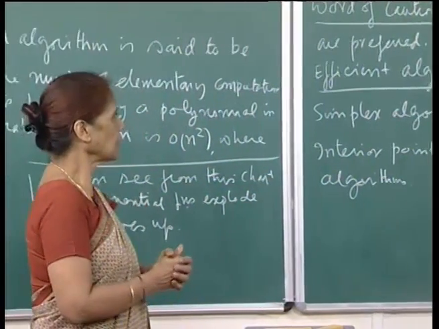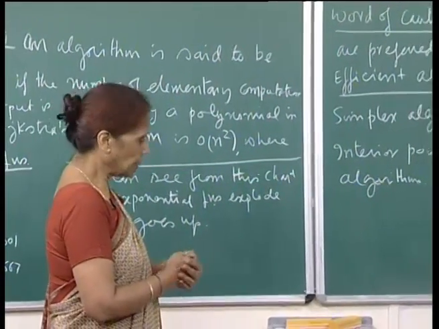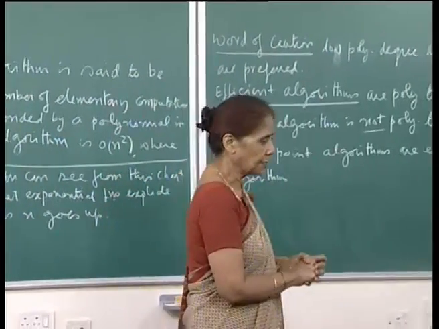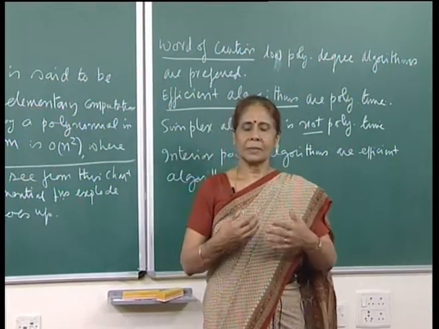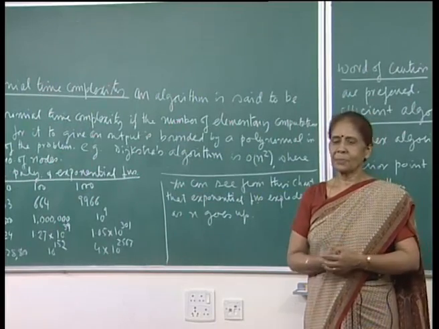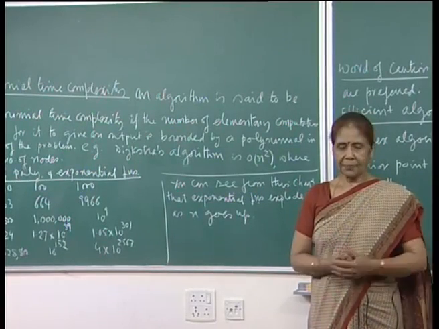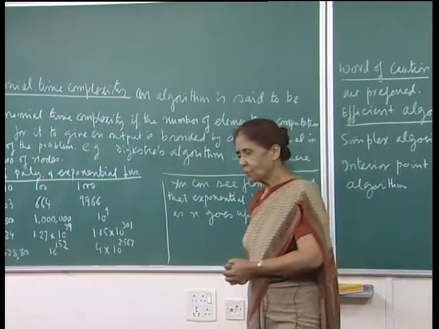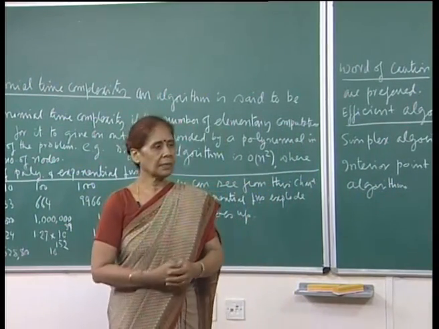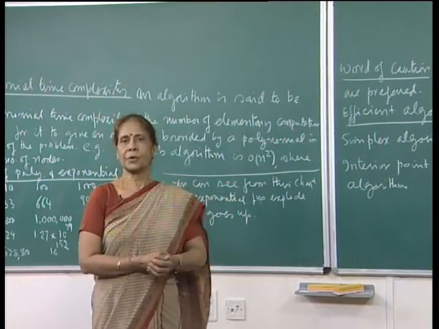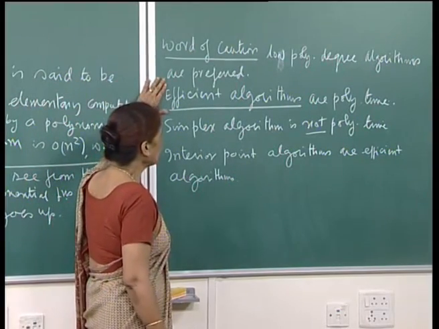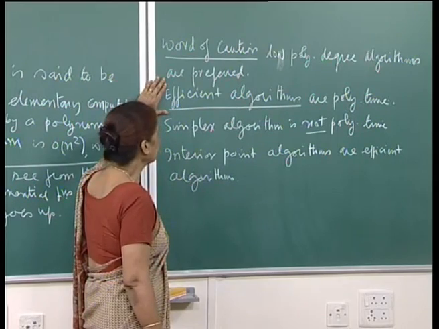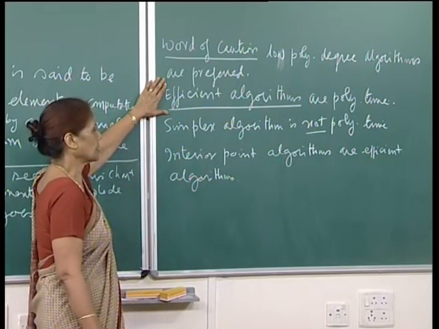Once you are able to show that the complexity of the algorithm is bounded by a polynomial in the size of the problem, then theoretical advancements and even computational advancements have shown that the degree of the polynomial can certainly be brought down. Okay. So, we will call algorithms which have polynomial time complexity efficient algorithms.